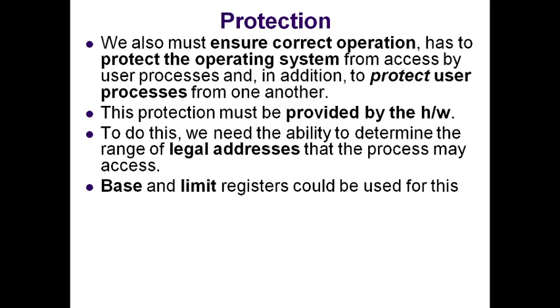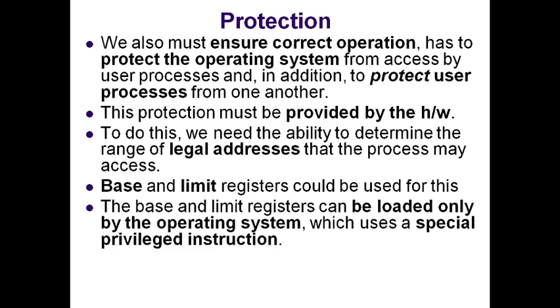So there are these two registers provided in every processor architecture, and the purpose of these two registers is that whenever a process is executed, its starting address will be loaded into the base register, and the size of the process is loaded into the limit register, and accessing the base and limit registers is a privileged instruction.